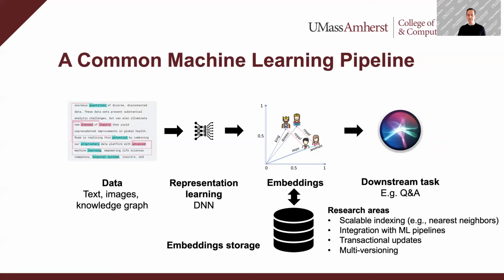Some of my students are looking into how to index embeddings, how to store them efficiently, how to integrate an embedding storage system with existing machine learning pipelines, and how to enable transactional updates and multi-versioning while providing efficient access. In particular, right now, the focus is on running nearest neighbors efficiently on large datasets of embeddings.